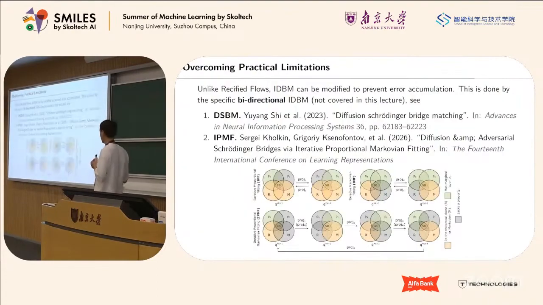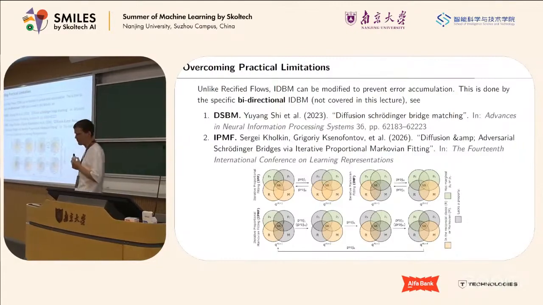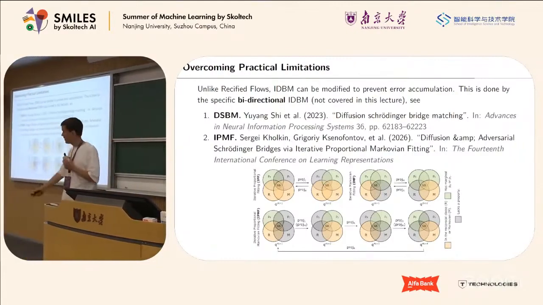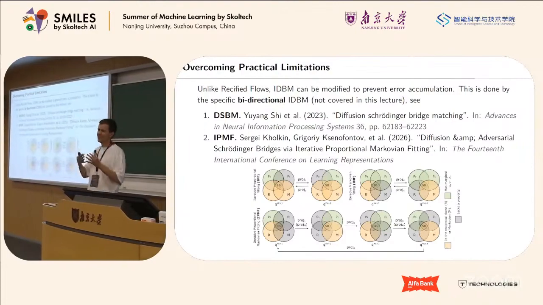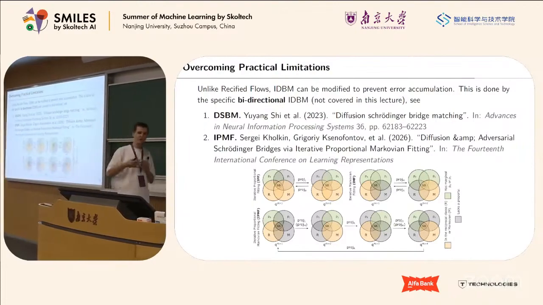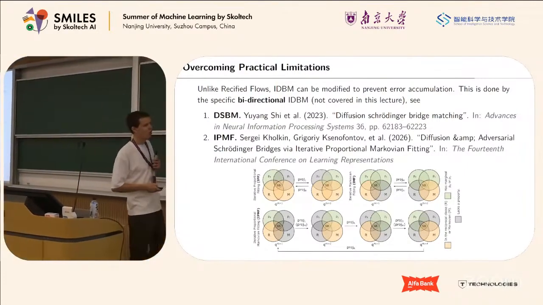We also have a paper about this. Originally, this was proposed in the diffusion Schrödinger bridge matching paper by some people from Google DeepMind. We created some extensions explaining how this can theoretically work to alleviate issues of error accumulation, and why it actually holds.